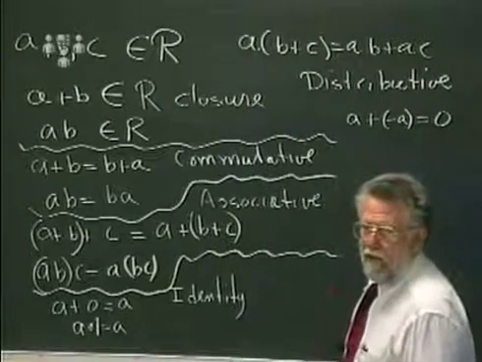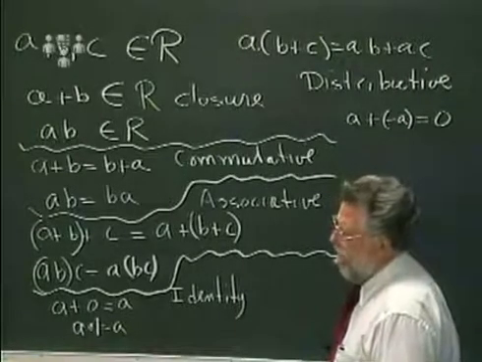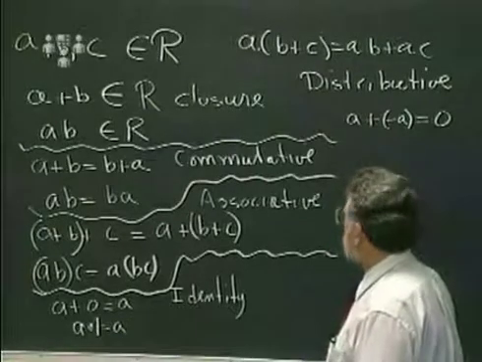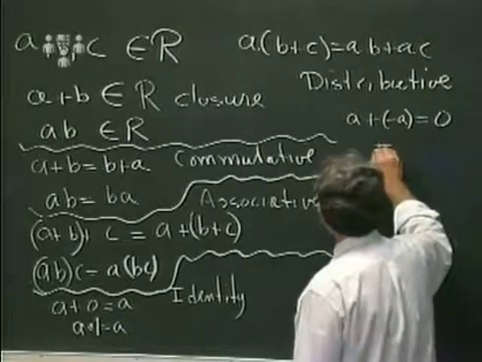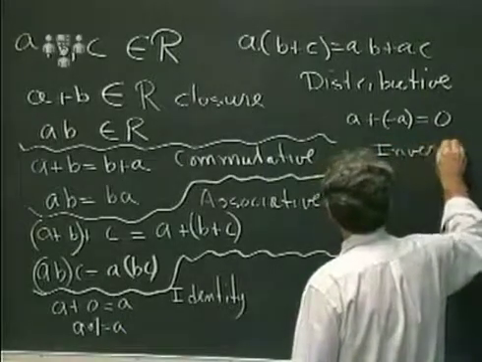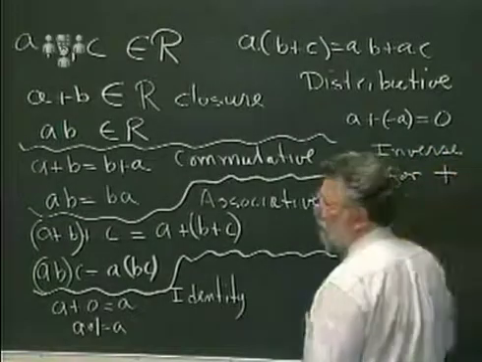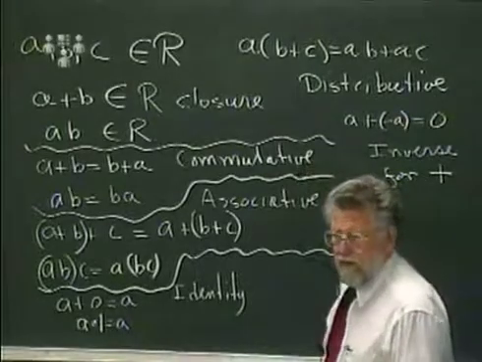Little waving lines help? What's the name of that one again? Underneath distributive. Distributive. No, underneath. Oh, this? This is the inverse for addition. And then there's also an inverse for multiplication we haven't done yet. But that's now 10 of them.